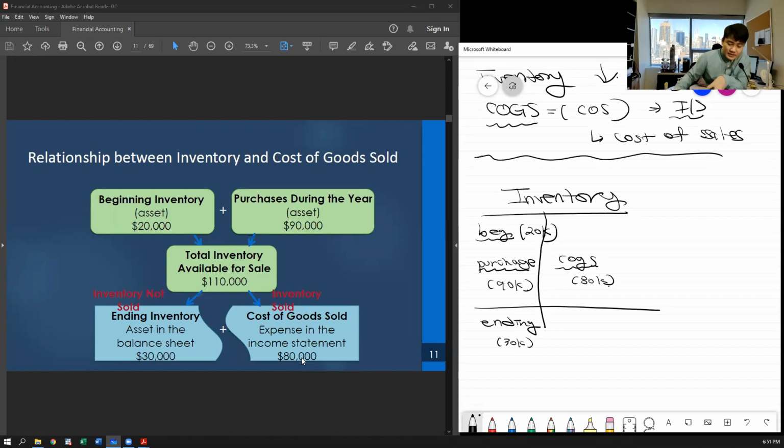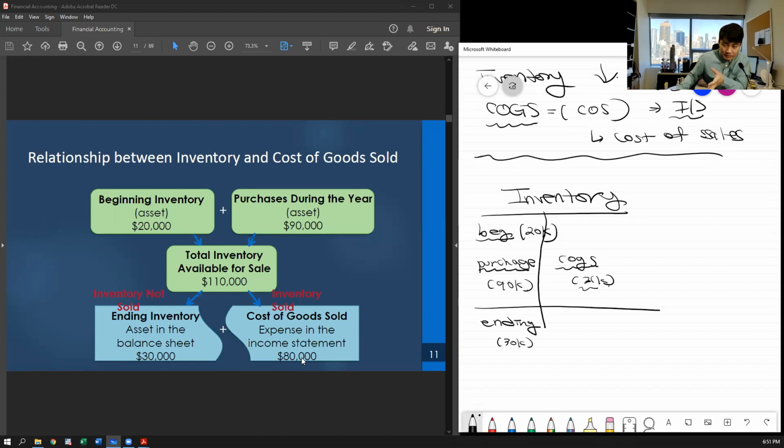So given this T account, we can basically test you on an unknown amount, X. Given the beginning balance, the purchases, and the ending balance, what's the amount of cost of goods sold that's reported during the period? Okay.